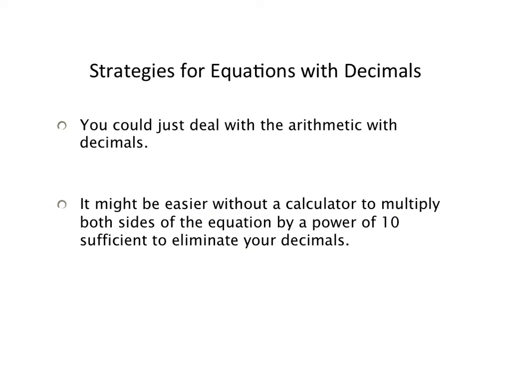So like we just saw, one of the strategies for solving equations with decimals is you could just deal with the arithmetic of the decimals, right? Just go forward, be careful, and none of the concepts of equation solving has changed. However, if you don't have a calculator, it might be easier to get rid of the decimals, so to say, by doing the same thing to both sides in a way such that the decimals are cleared.